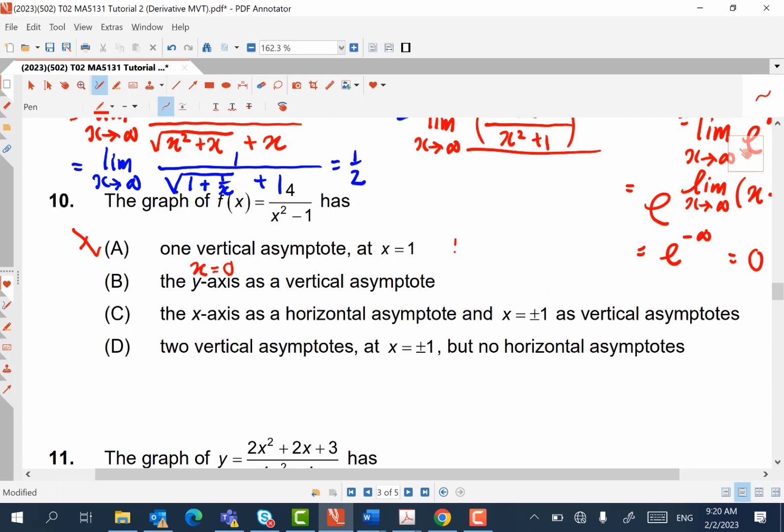So Christopher is going to check on this now. Christopher will check whether or not the function has an infinite limit. So Christopher can check this. Christopher, is this true?